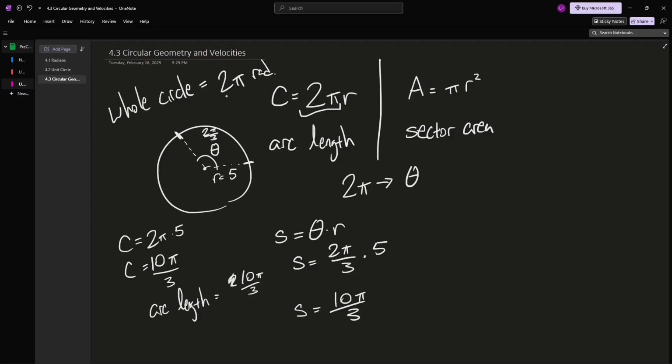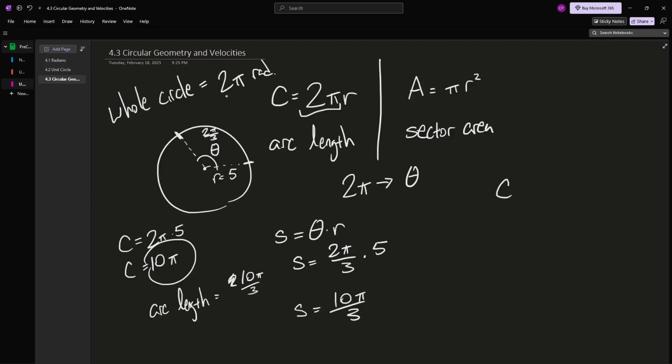Because what we did is take our whole circumference and divide it by 2 pi, to see how much goes with each radian, and then multiply it by how many radians I do have.